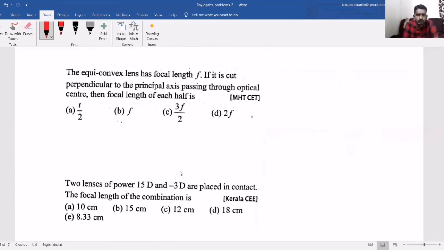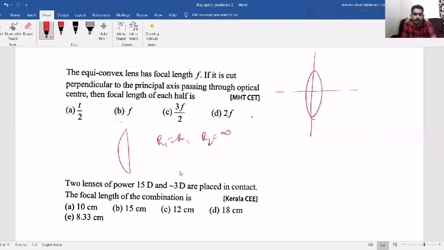Now one more thing we have studied, that is cutting of a lens. Like here, one equiconvex lens, that means both radii of curvature are the same. If it is cut perpendicular to the principal axis, this is the principal axis, and they cut it in this manner. Already we studied the focal length of each half. Here R1 is R, but R2 is infinity as it is plane.